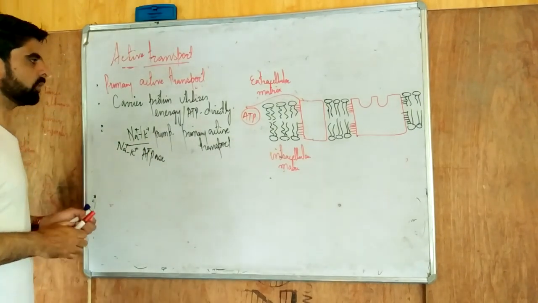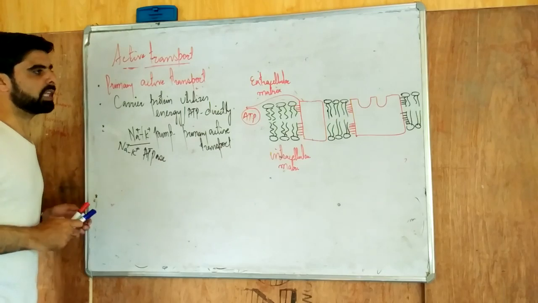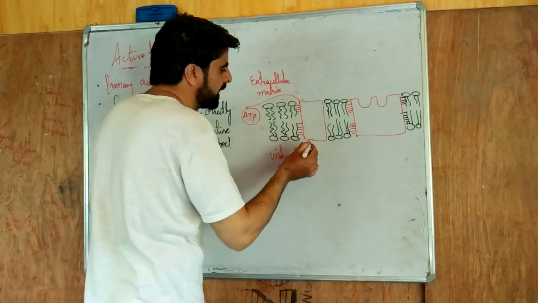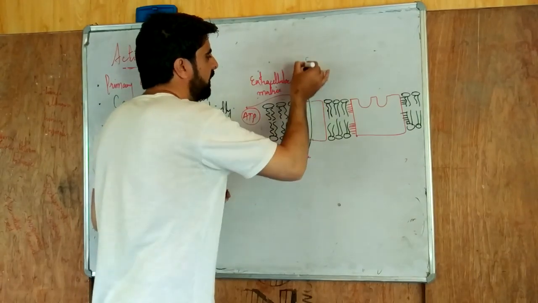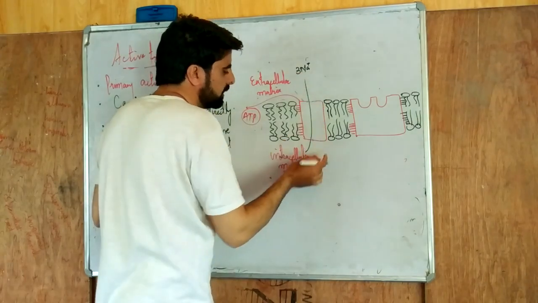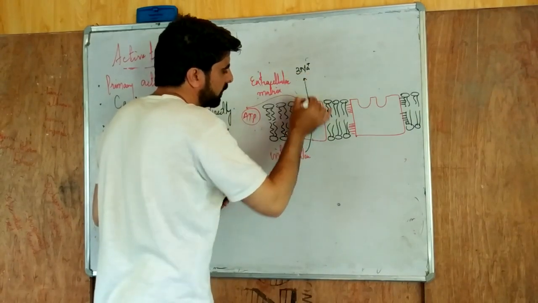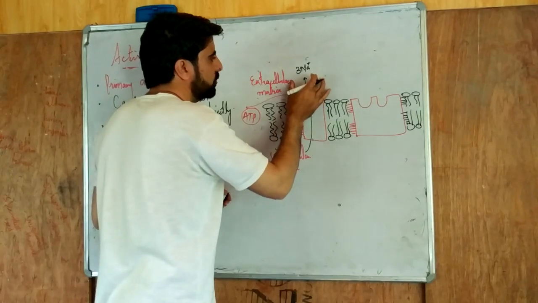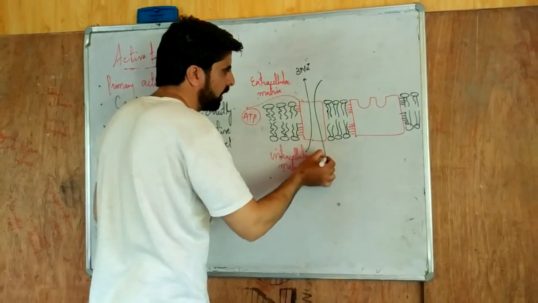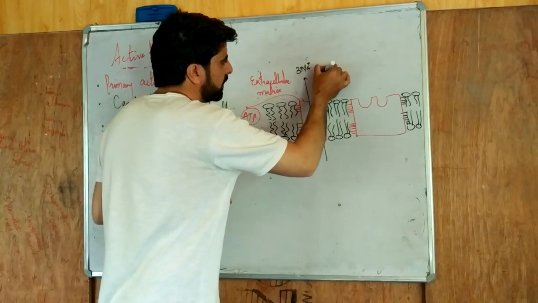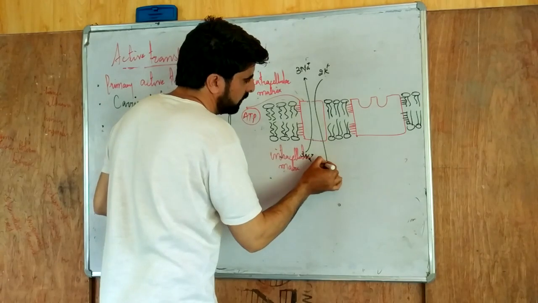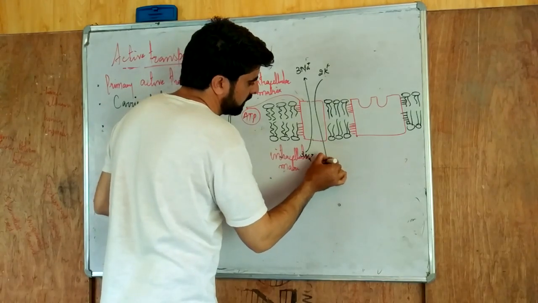Now what does this sodium potassium pump within the plasma membrane help in? It helps in efflux of 3 sodium ions. That means the sodium ions are taken from the cytoplasm to the extracellular matrix, coupled with influx of 2 potassium ions.